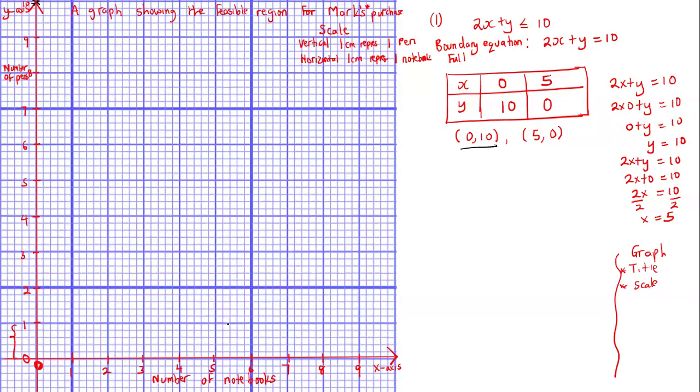Then I'll have 5 and 0, which is here. Since we said this is a full line, I'm going to get my ruler and join those 2 points, here and here, like that. Then that is my line.